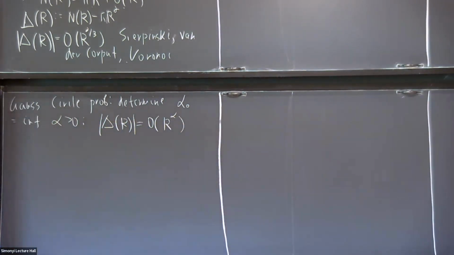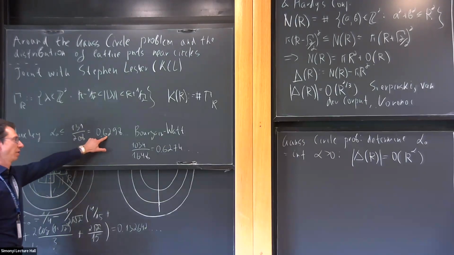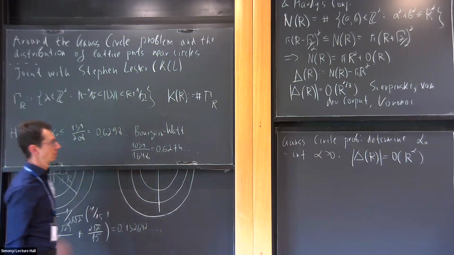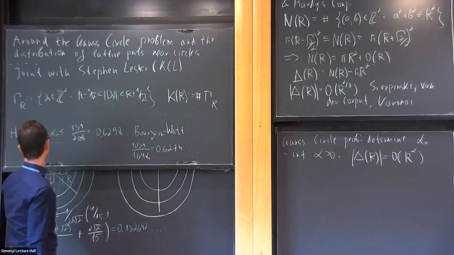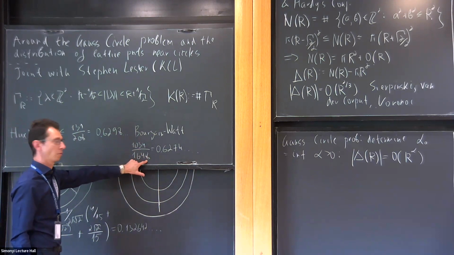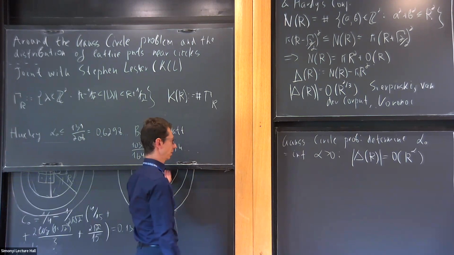Up until quite recently, the world record belonged to Huxley, which is this number, and you can see how much progress we made in so many years since Sierpinski. Bourgain and Watt, a few years ago, improved Huxley's bound to this number. So this is the present world record.